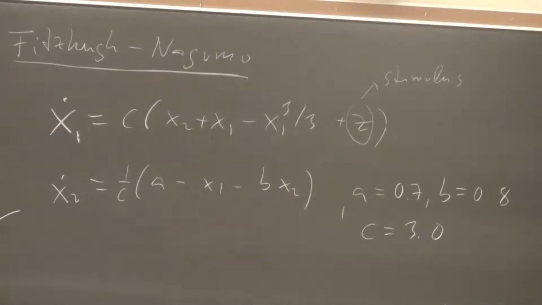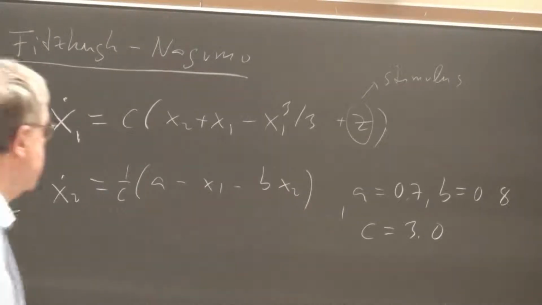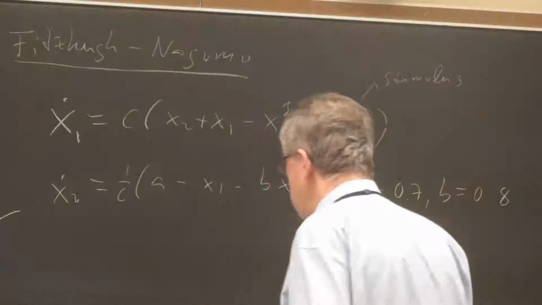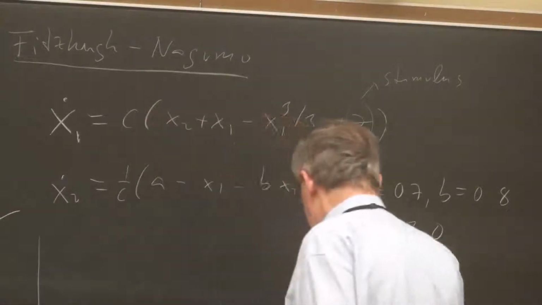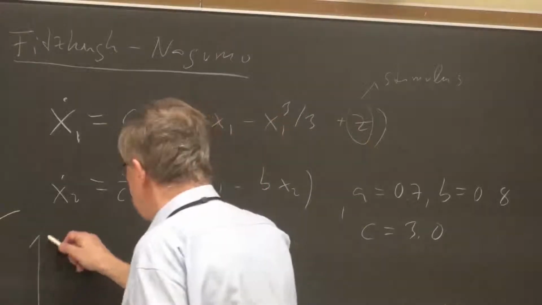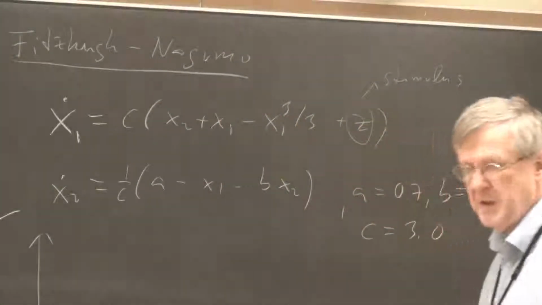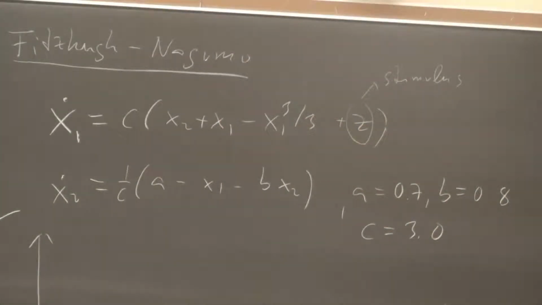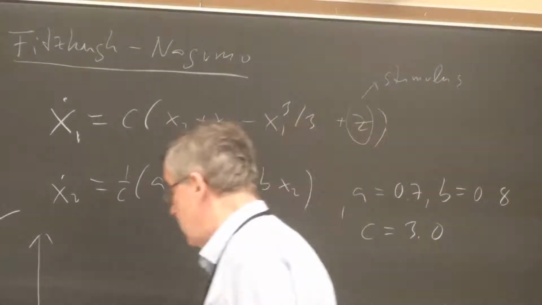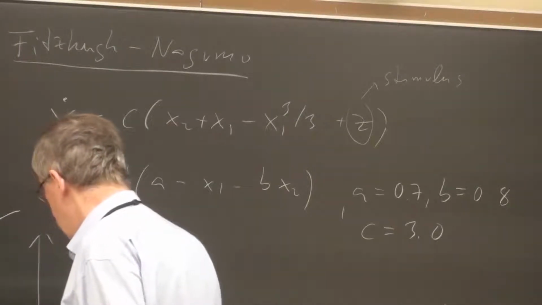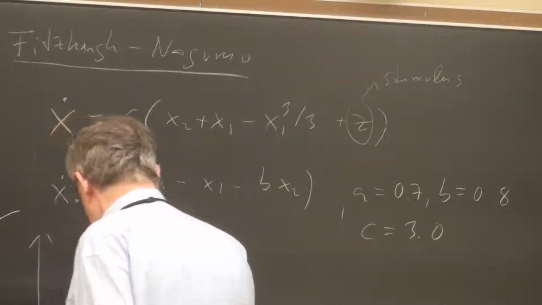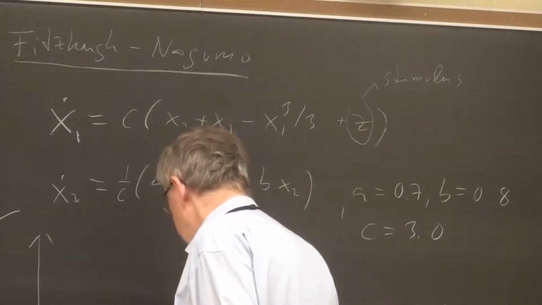So now, in how far are they similar to the Hodgkin-Huxley equation? To see that similarity, we ask: what are the curves where x1 dot is 0 and x2 dot is 0?